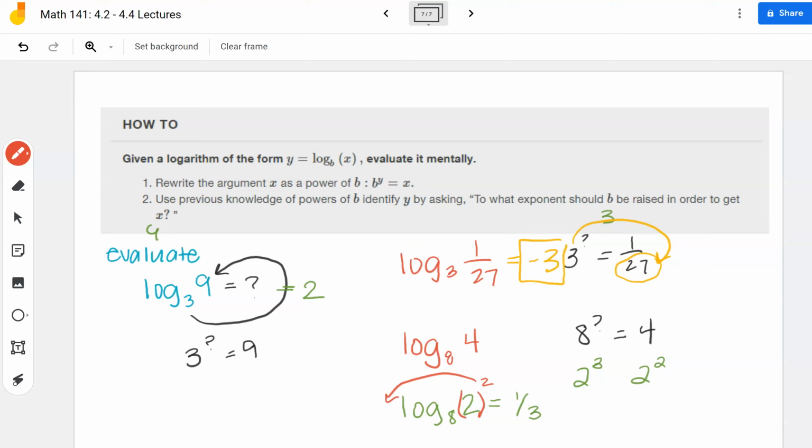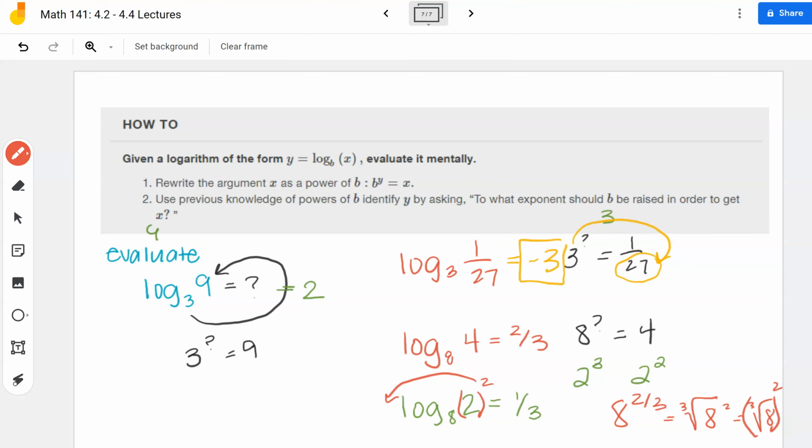If I give my calc students something like 8 to the 2/3, a lot of them will square 8 first, because this can be rewritten two different ways. It can be written as the cube root of 8, with the square either inside or on the outside.